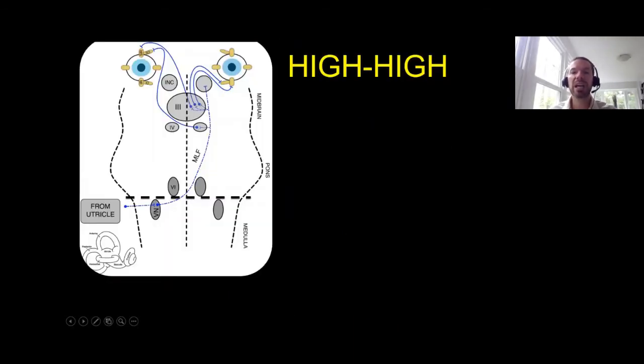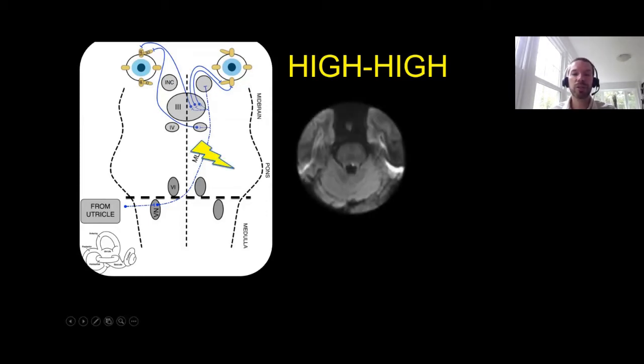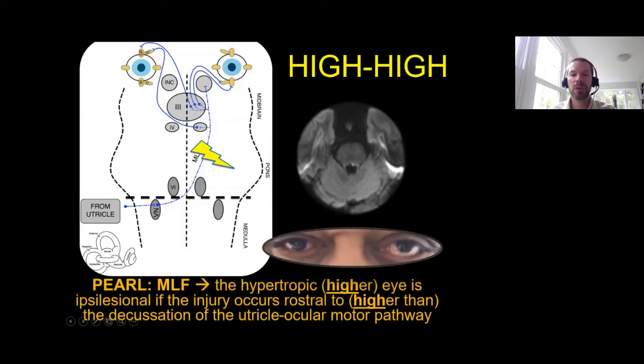Now we can use the HiHi Rule. Here we are at the level of the medial longitudinal fasciculus. We are higher than the decussation of the utricle-ocular motor fibers, higher than the pontomedullary junction in the pons. The point here is that with an MLF lesion, you're almost always going to see a skew.